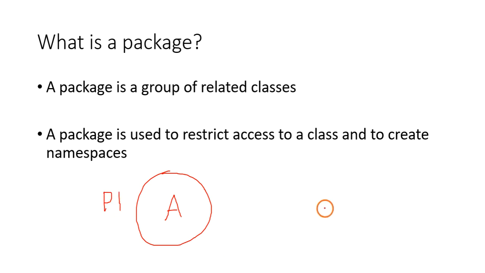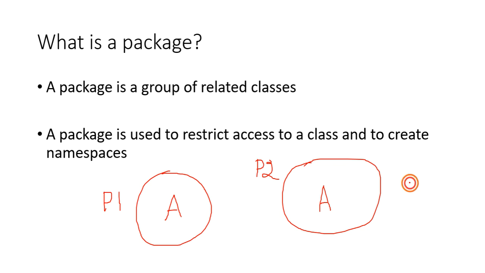P1 is a package, and you can again create another class by the same name A, but this time you place it in another package called P2. Okay, so this is perfectly right. Okay, so this is the meaning of creating namespaces.